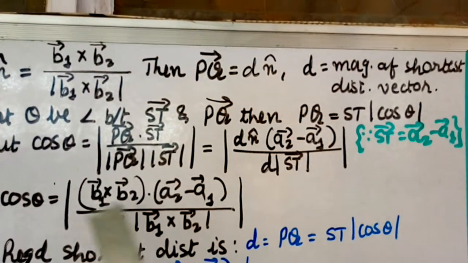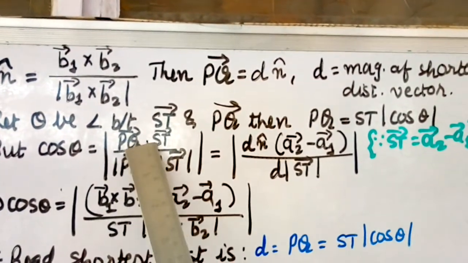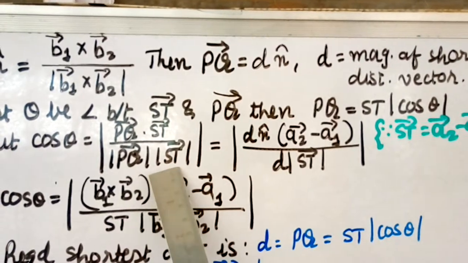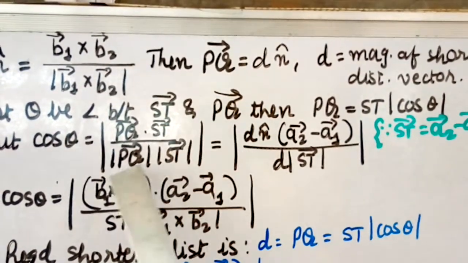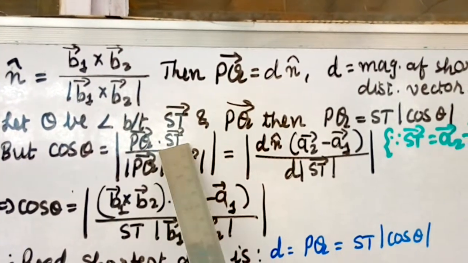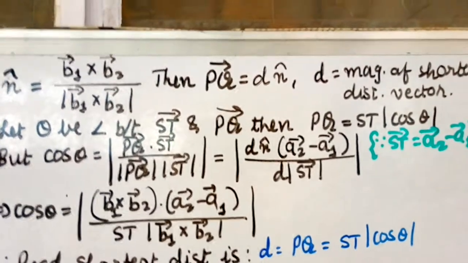But we know that cos theta is equal to PQ vector dot ST vector divided by magnitude of PQ into magnitude of ST. So this is the formula of cos theta, and we take the magnitude of the whole thing.